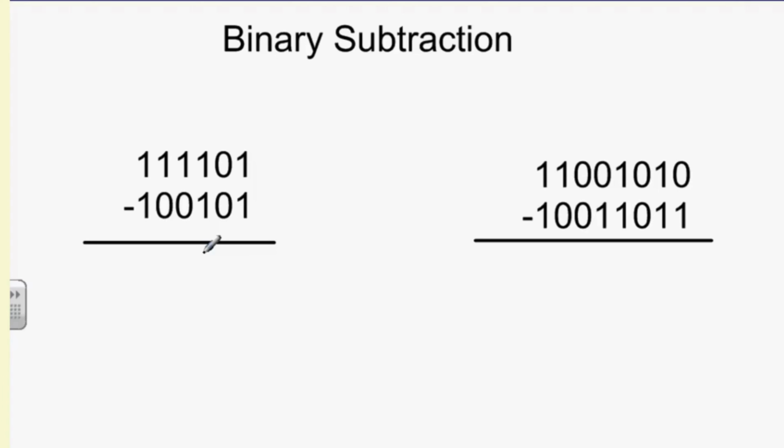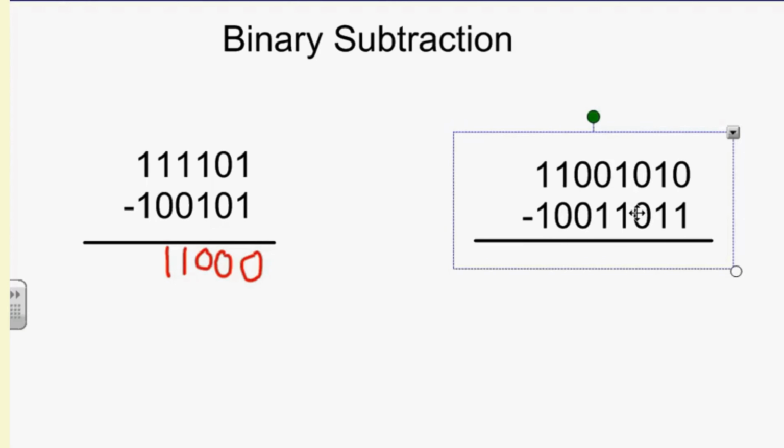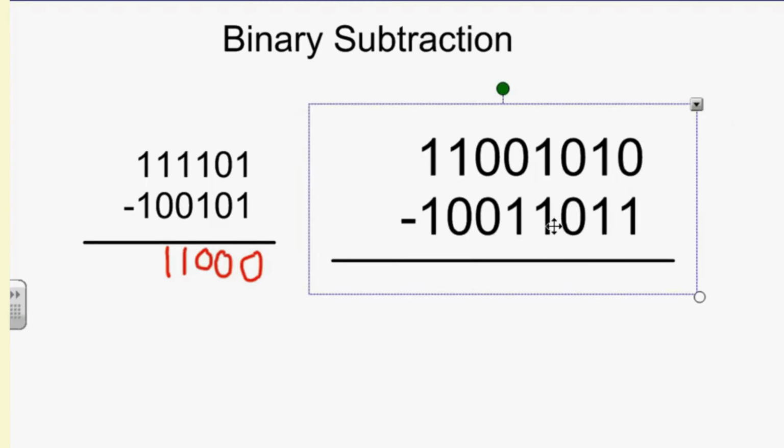I have 1 minus 1, and that's going to be a 0. 0 minus 0 is 0. 1 minus 1 will be a 0. 1 minus 0 is 1. 1 minus 0 is 1, and 1 minus 1 is 0. And we don't have to put that first 0, because it's a leading 0, and there's our answer. That one's pretty simple.